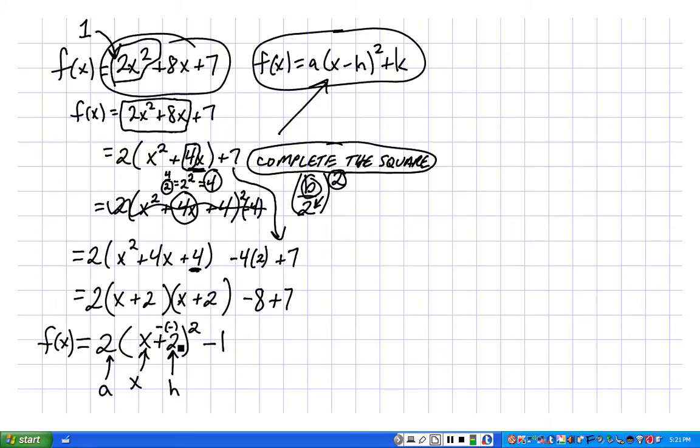Okay, not a 2, but a negative 2. And then there's my k. So if I needed to know the vertex for this one, then it'd simply be h, k. And again, my h is a negative 2, and my k is a negative 1. And there's my vertex.